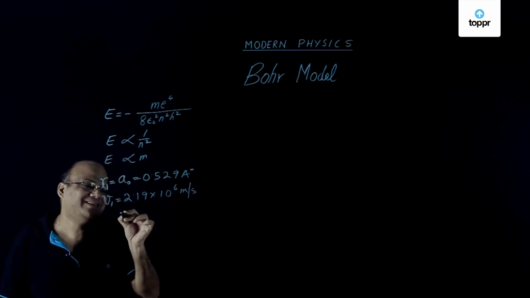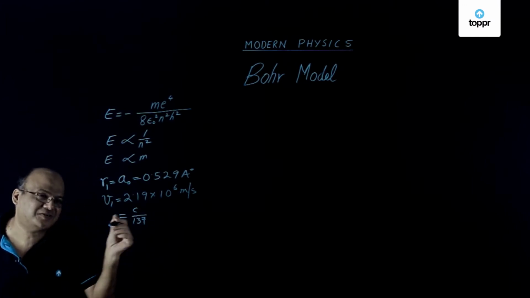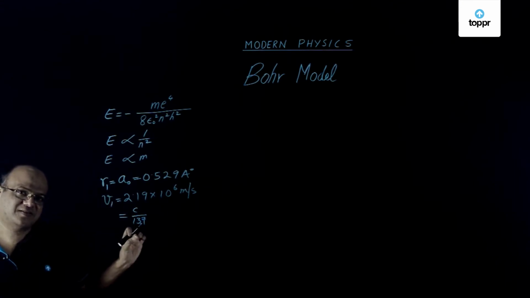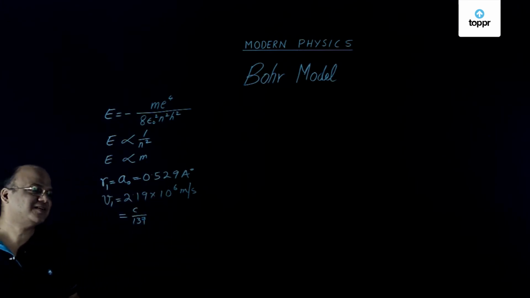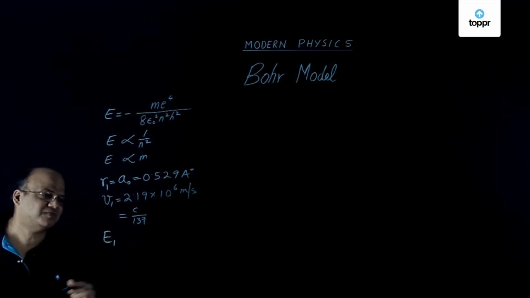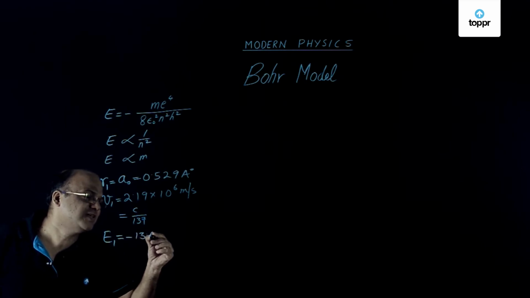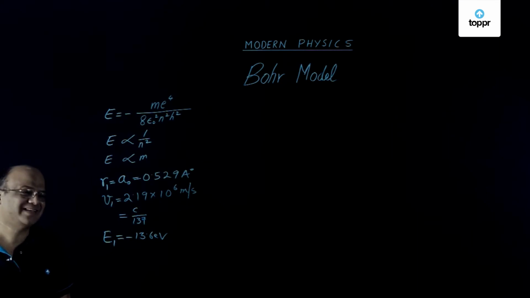Very high, right? This is also equal to C by 137. Okay, this is called fine structure constant. So velocity of electron in the first orbit is C by 137. That is 2.19 into 10 to the power 6 meter per second. Energy of electron in the first orbit of hydrogen is minus 13.6 electron volt.